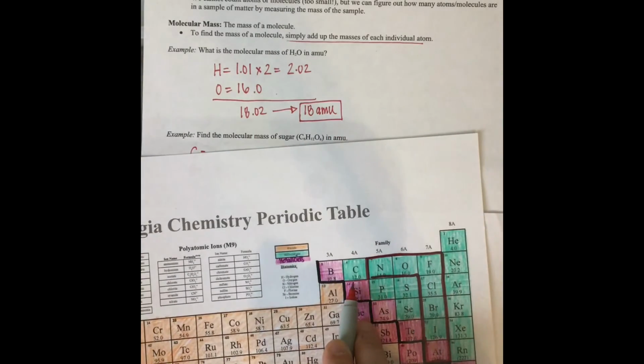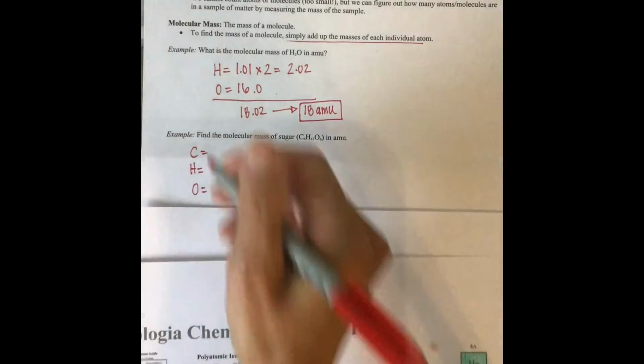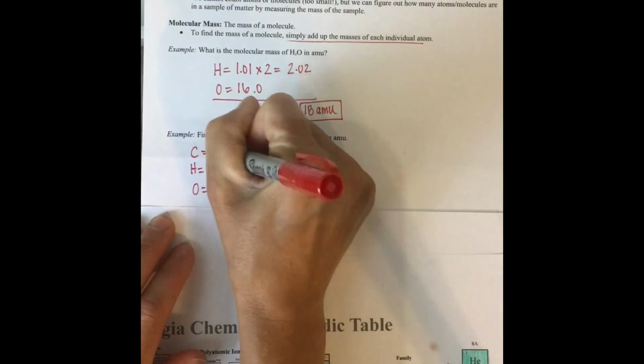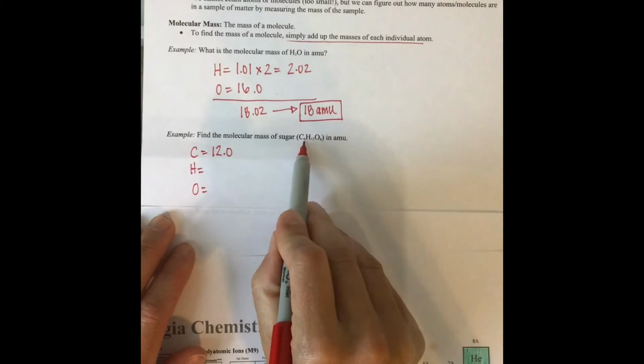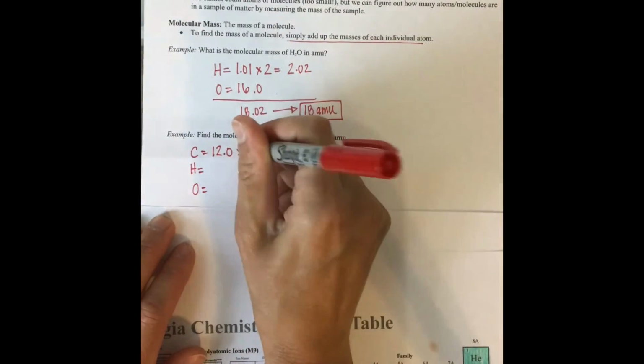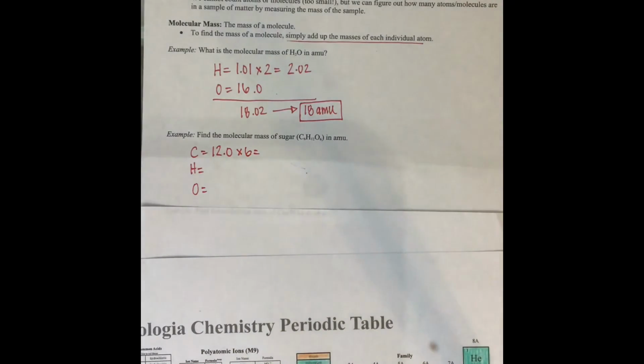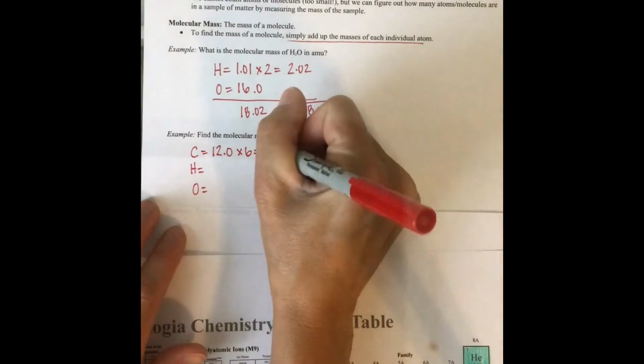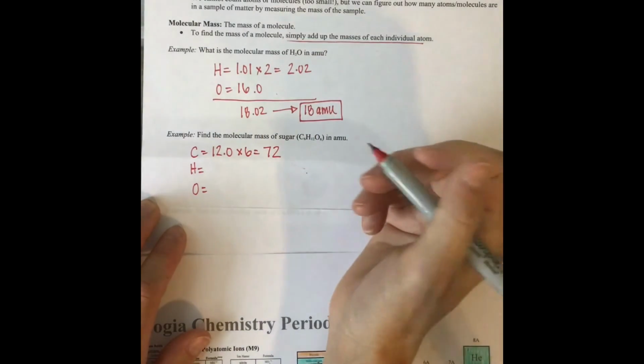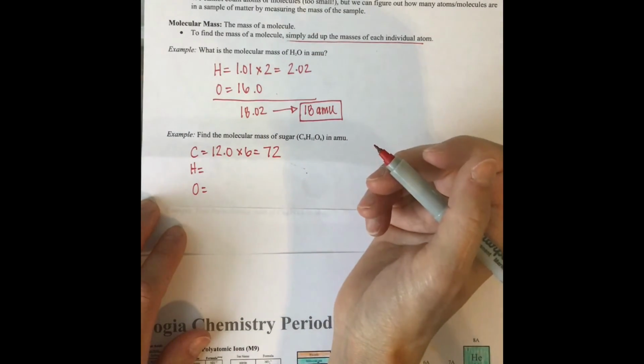You go to your periodic table and get their exact atomic masses. Carbon is 12, and then you look at the subscript and see that there's 6 carbons. Okay, so we get 72.